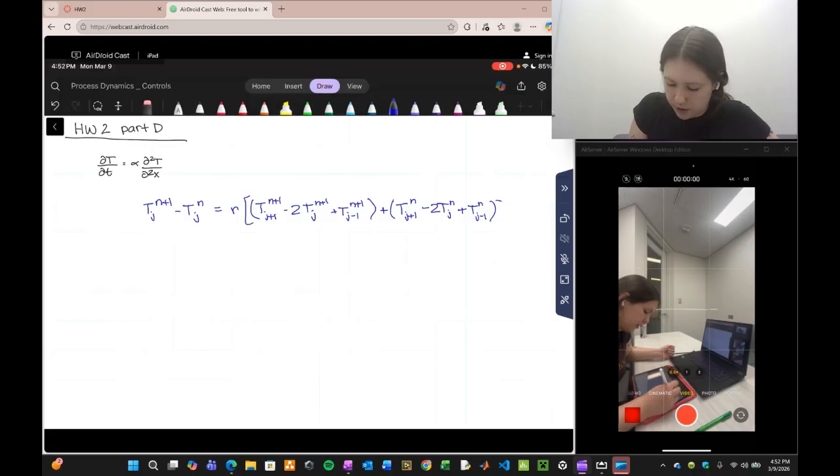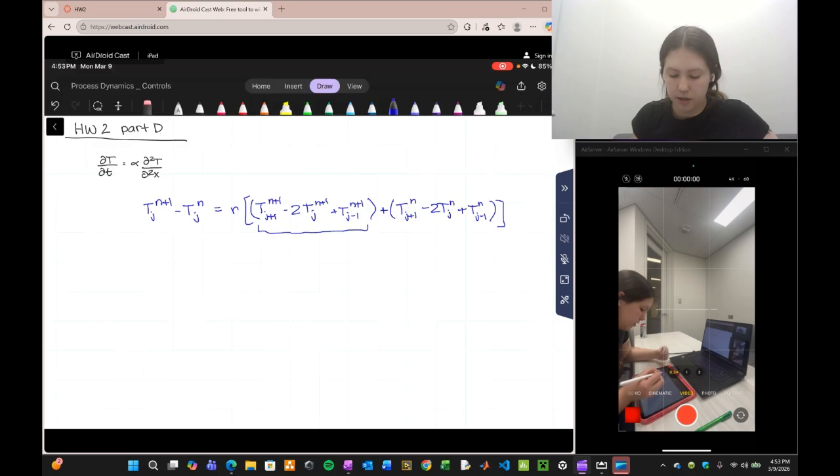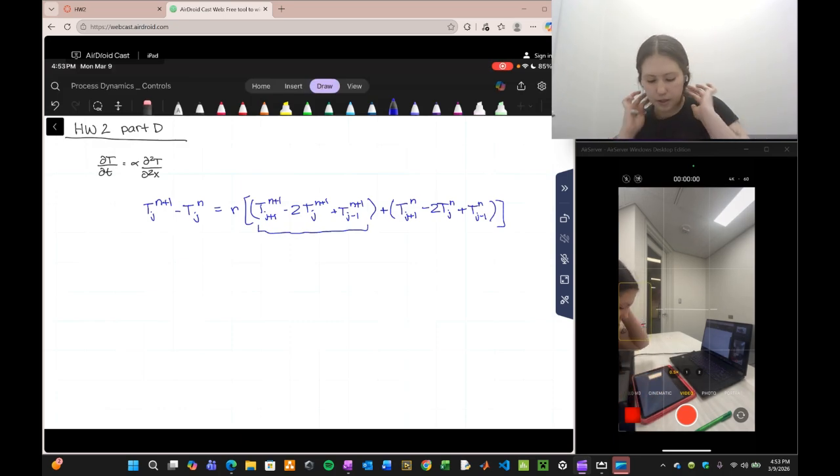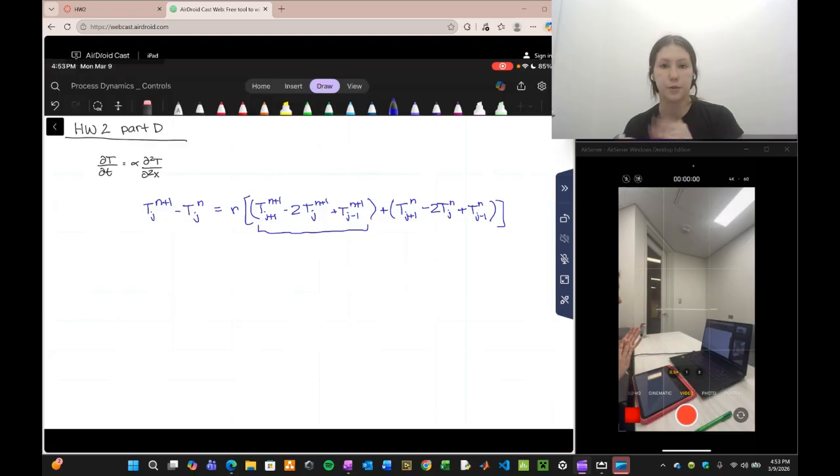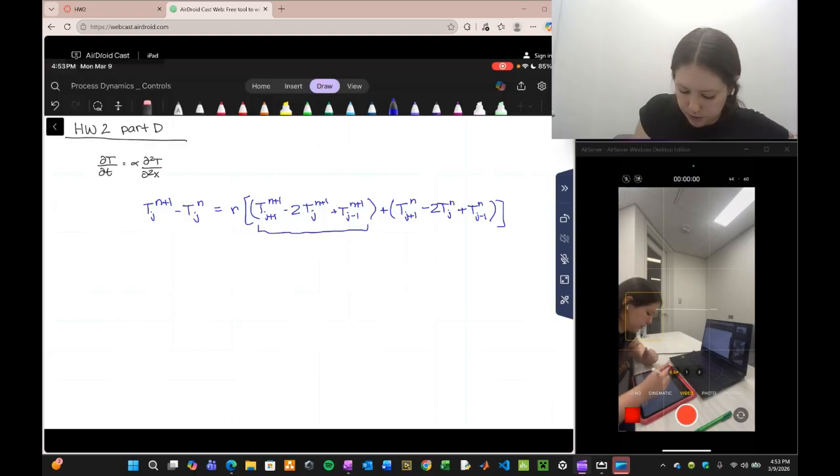So this is the equation that we have, and these are all of our unknowns. These are the temperatures of the sections at the future time. So these are our unknowns, and these are knowns because these are at our current time.